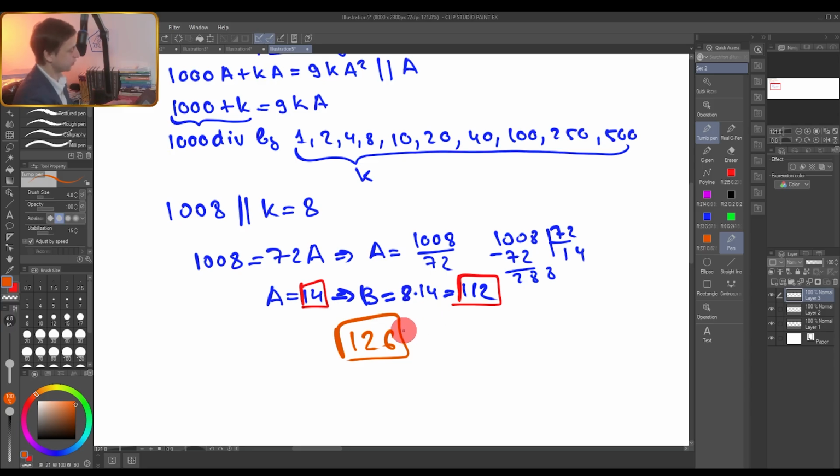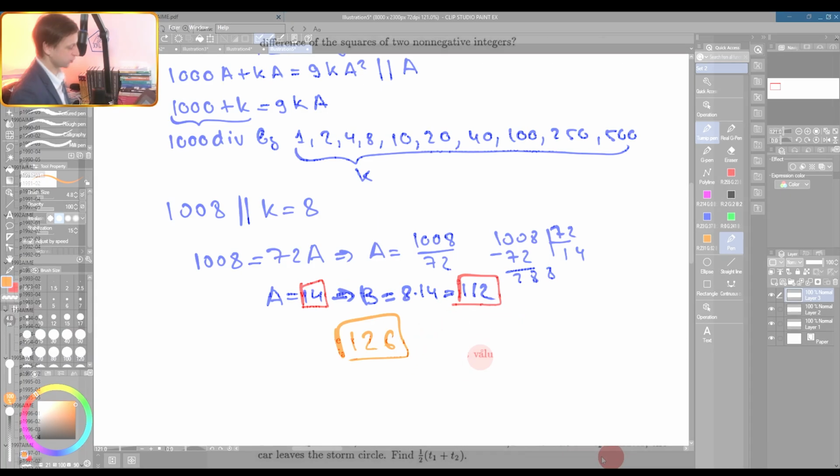Here, if you found the right approach and everything works out, you don't need to prove that other answers do not work. You found the appropriate k, found A and B, got the right answer, checked that everything is right, and you move forward. And we are moving forward.